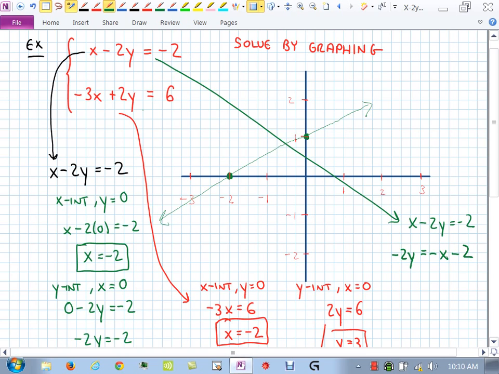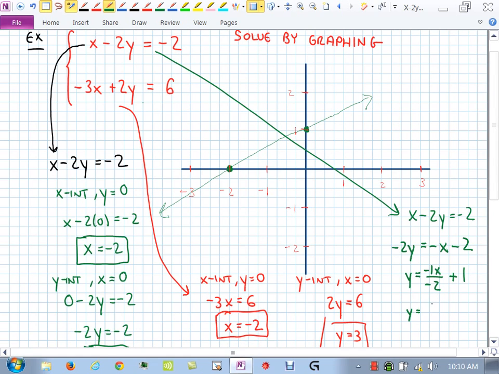Then I would have divided by -2, right? So I would have had y equals -1x over -2, and then -2 divided by -2 would have been +1. Negative over negative would have been positive, so I would have had y equals 1/2 x plus 1.